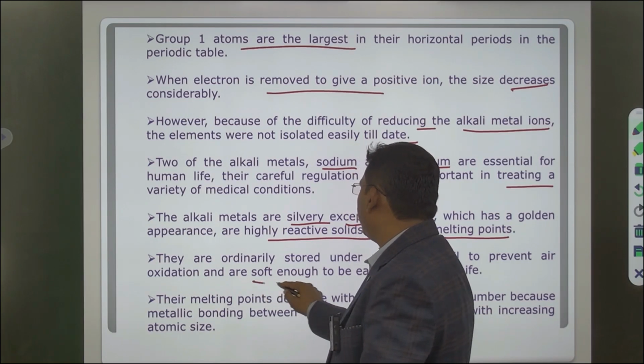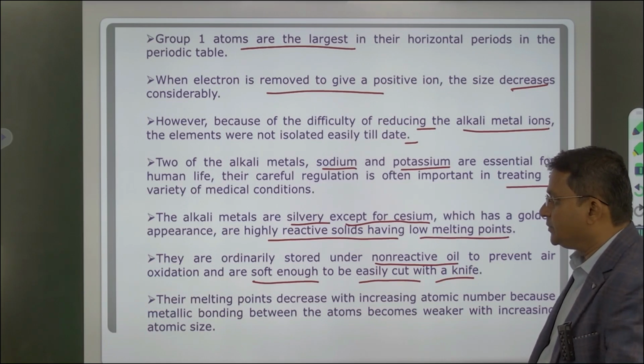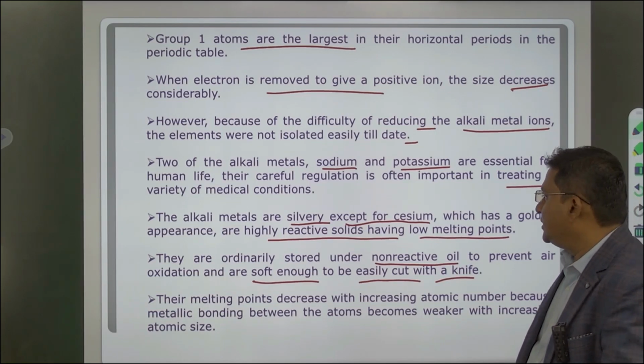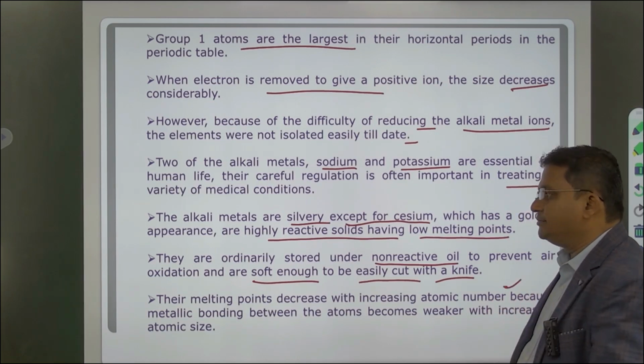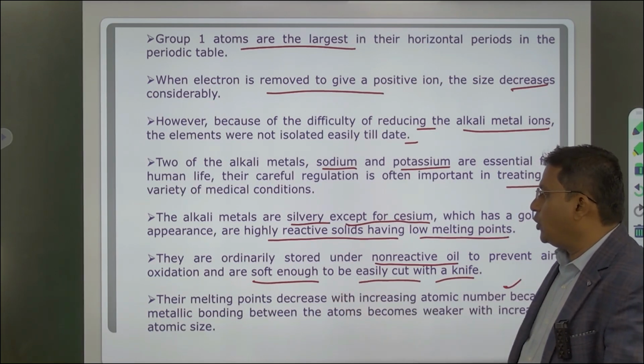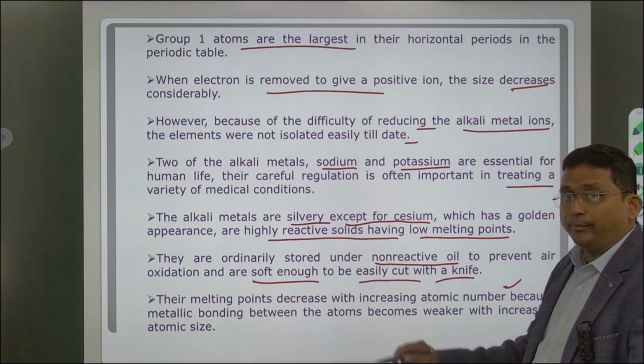They are soft enough to be easily cut with a knife. Their melting points decrease with increasing atomic number because metallic bonding between atoms becomes weaker with increased atomic size.